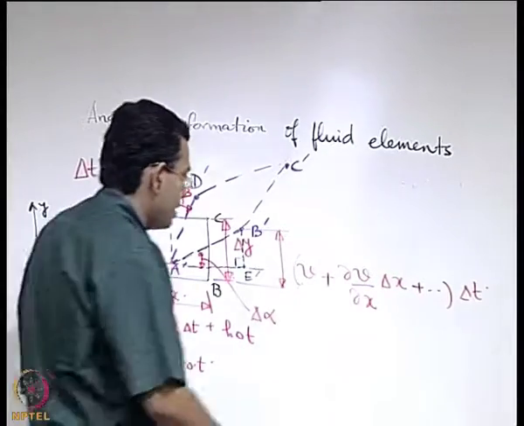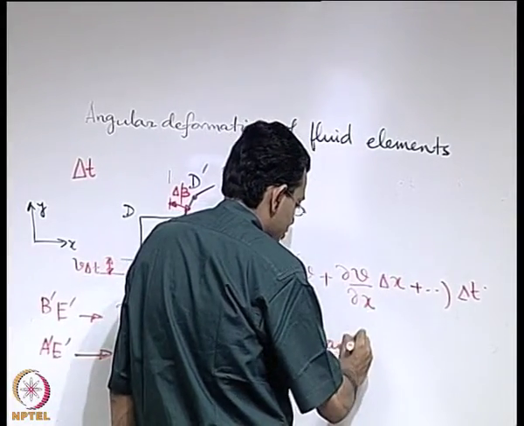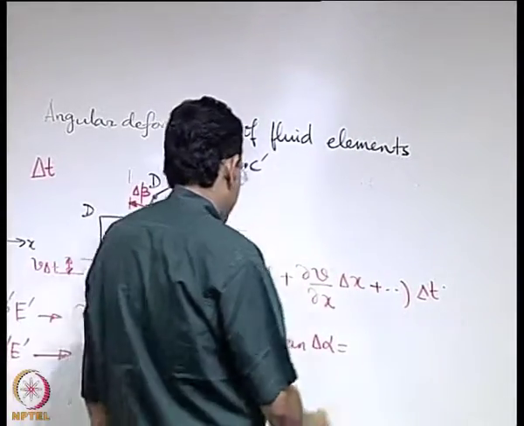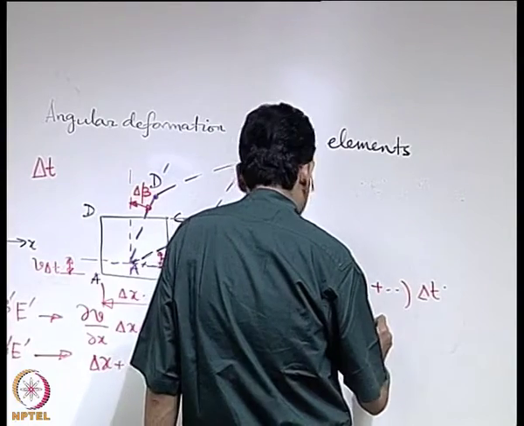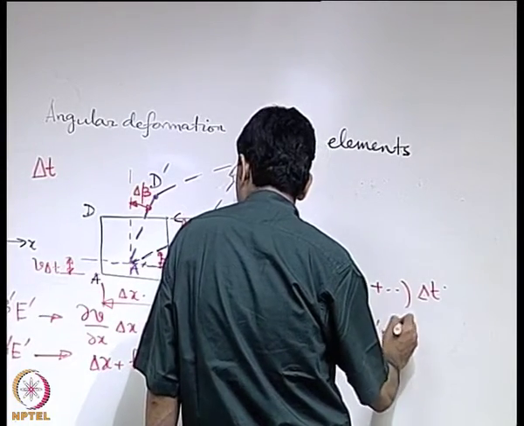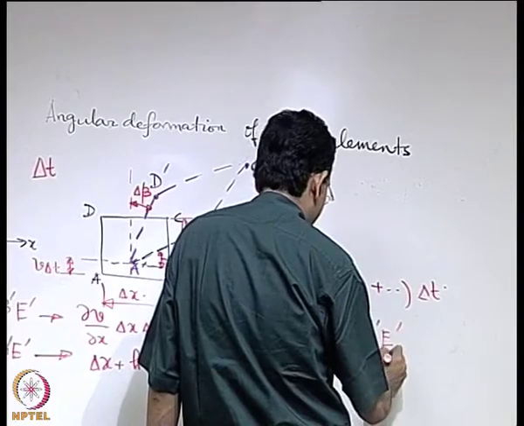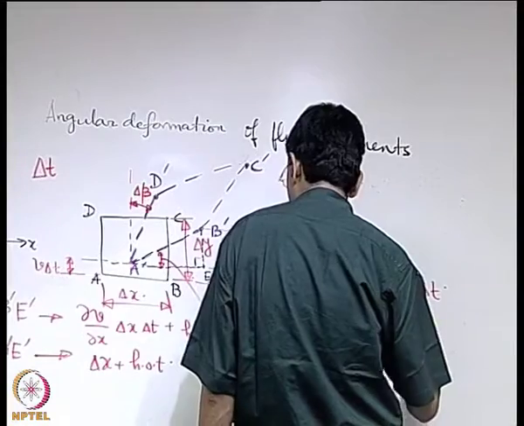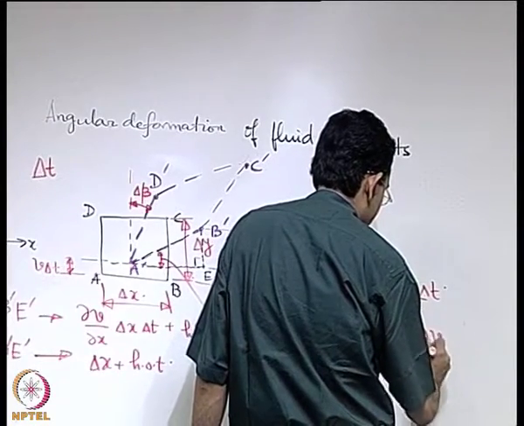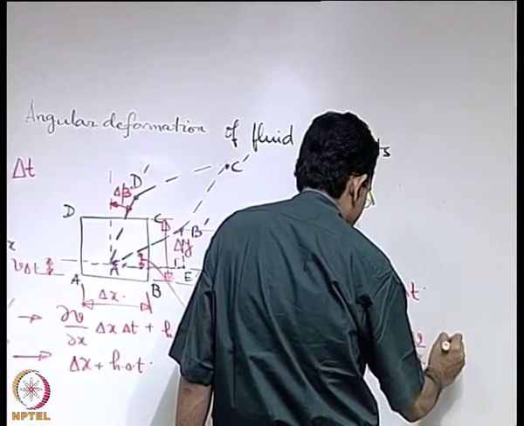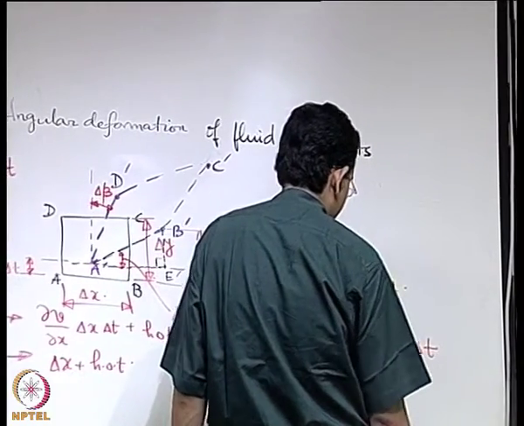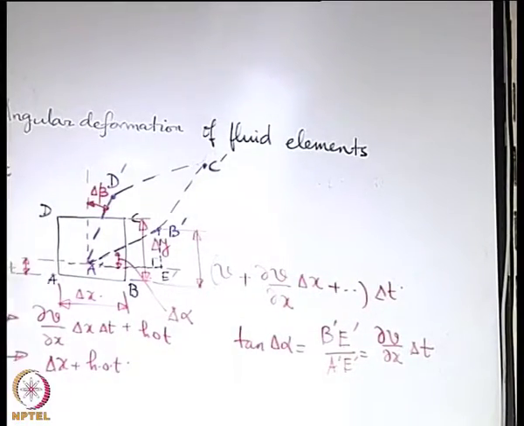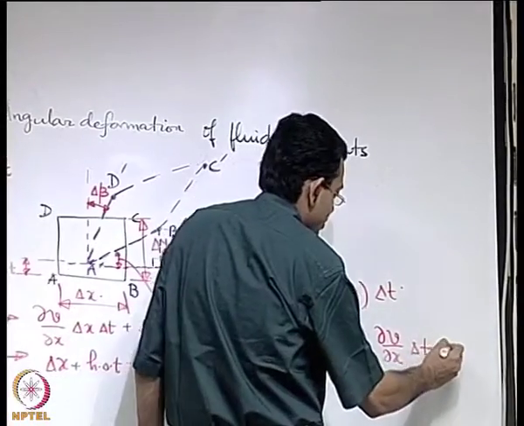So, if you find out tan of delta alpha, that is equal to B prime E prime by A prime E prime. So, that will be like this, and maybe some higher order terms.